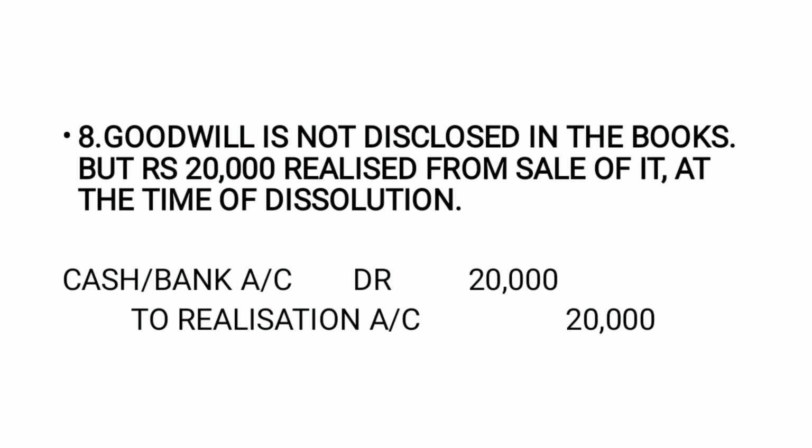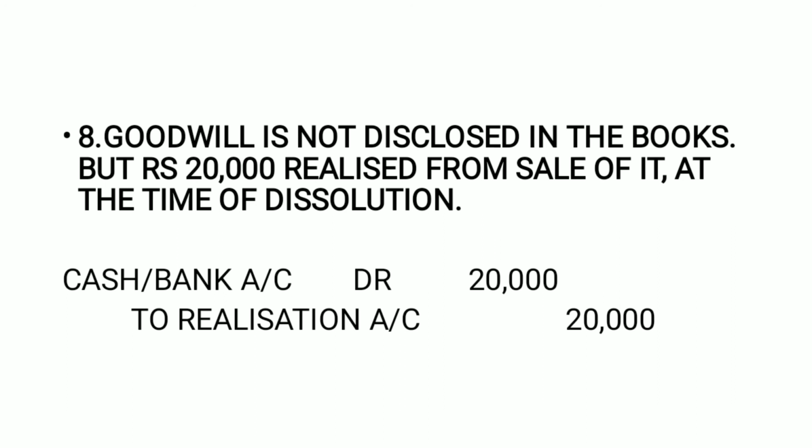Just the way you don't write a journal entry for closing down an unrecorded liability, the same applies to an unrecorded asset. Then it says, but rupees 20,000 realized from sale of it at the time of dissolution.